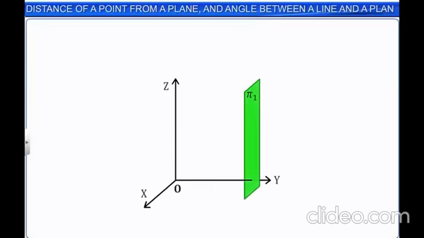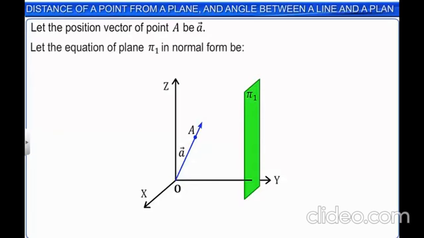Consider a plane pi1 and a point A in space. We will derive the formula to find the perpendicular distance between point A and a plane pi1 in both vector and Cartesian forms. Let us start with the vector form. Let vector A be the position vector of point A with respect to the origin.